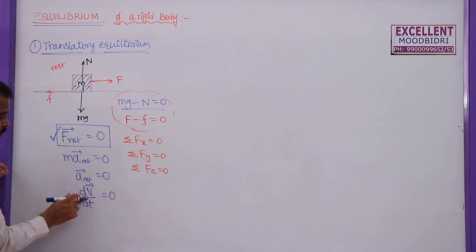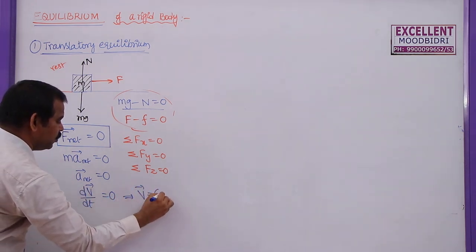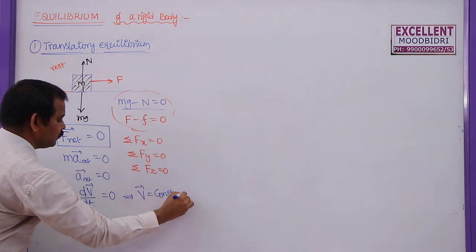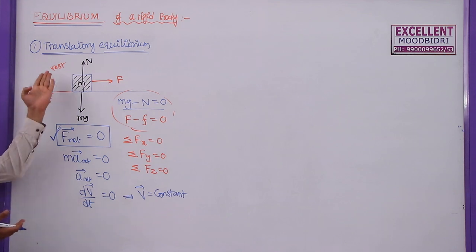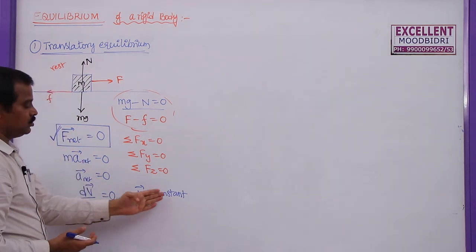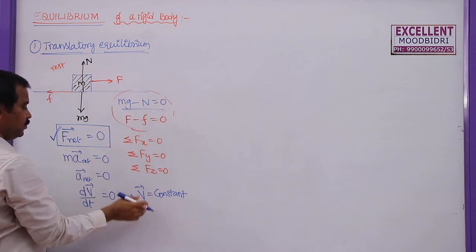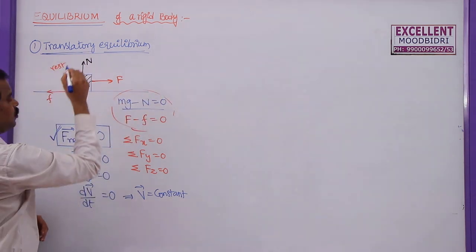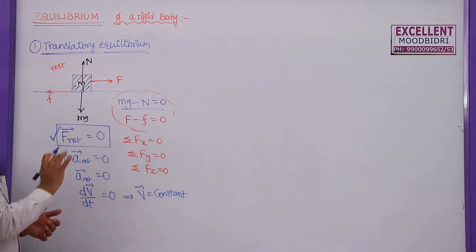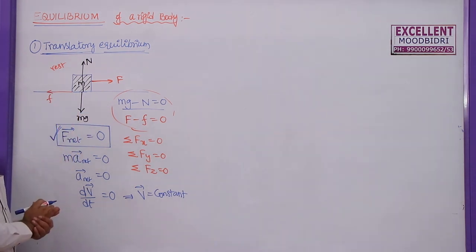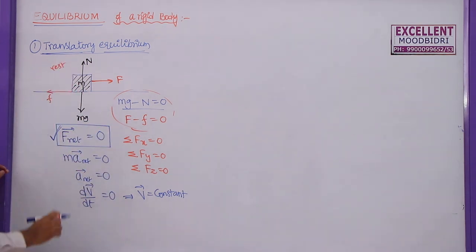When the rate of change of velocity is 0, we can say the velocity of the body is either constant or it may be 0. The velocity may be 0 as it is at rest here. If a body is moving with constant velocity, then also the body is said to be in translatory equilibrium. Now, if the body is accelerating, then the body is not in translatory equilibrium. So this is about translatory equilibrium.